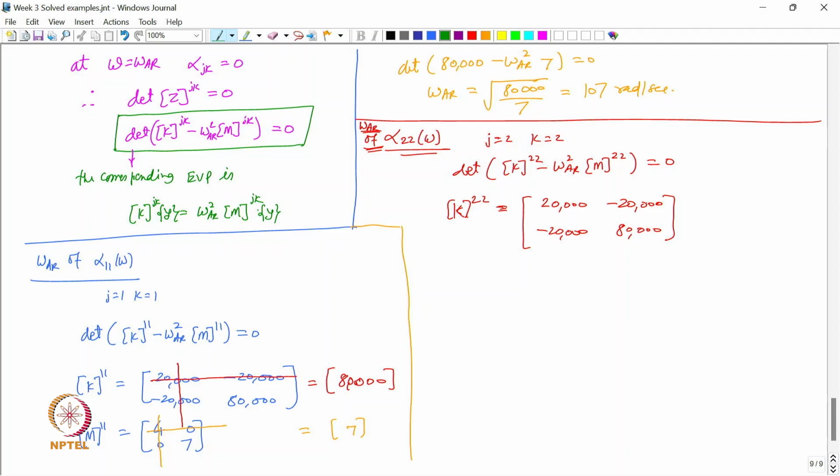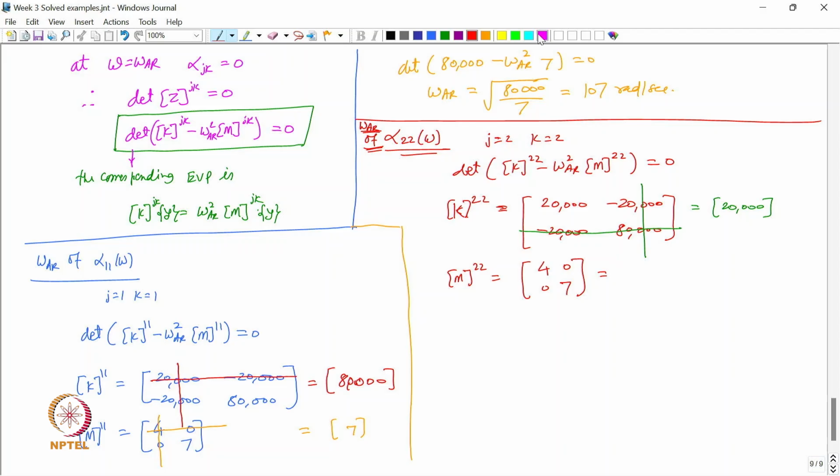Now, if I remove the second row, which is this, and the second column, this, so I get 20,000. And if I determine M22, then I have 4 0 0 7.